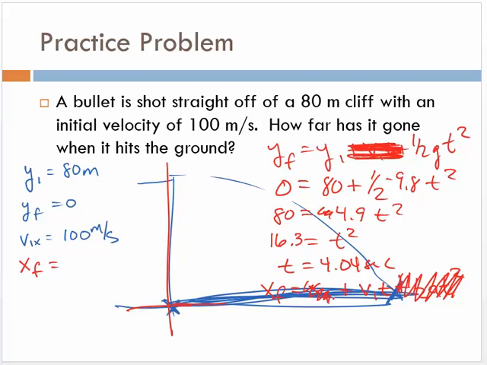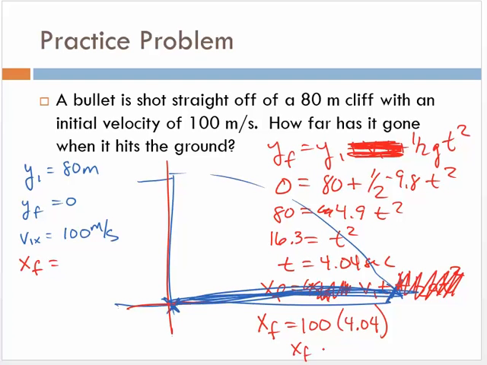Every single time, people, those two parts of the equation are going to go away. All I'm left with then is xf equals its initial velocity, which was 100 meters per second, times the time, which was 4.04. So it went a distance of 404 meters.